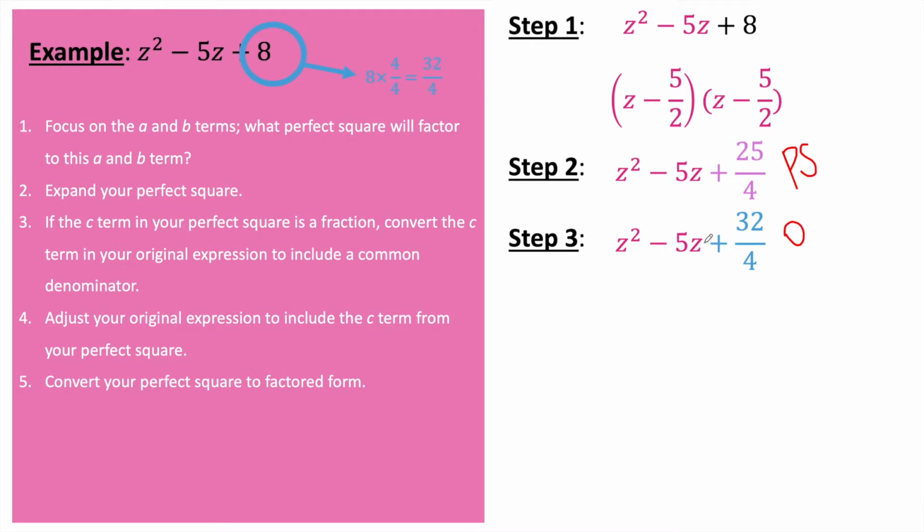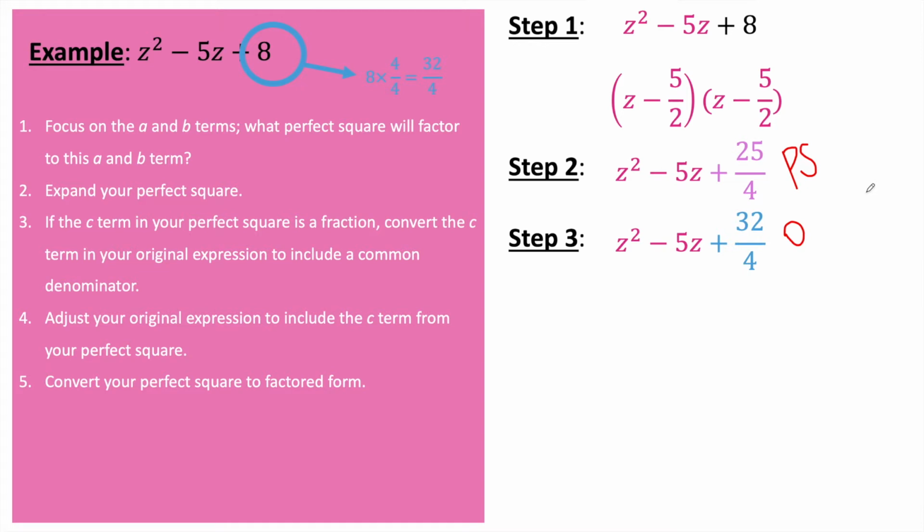Perfect square, original. Step 4 asks us to adjust our original expression to include the c term from our perfect square. So we can change 32 over 4 into 2 separate improper fractions to include the c term from our perfect square, that's 25 over 4, in our expression.